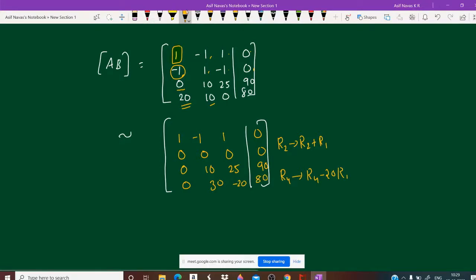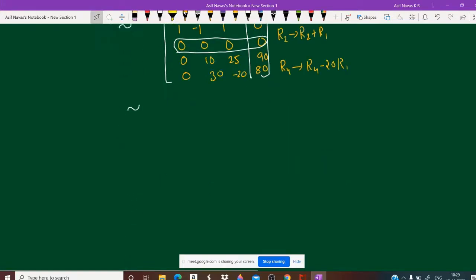So from here we got the first step, and we got a row with complete 0. Now what do we have to do? What is the definition of row echelon form? If you get a row completely 0, that row must come last. So what will be the step?